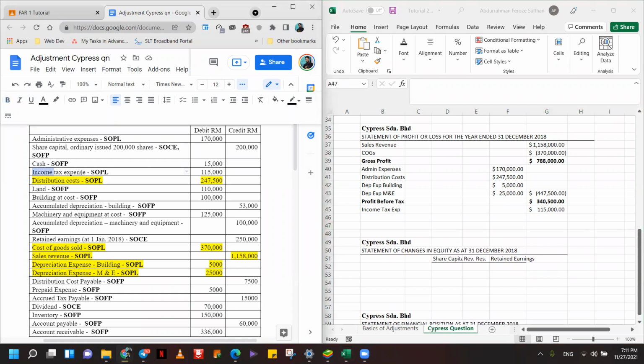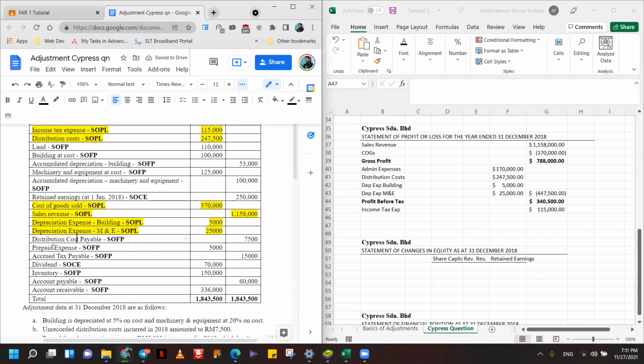Okay. Is there anything remaining from the trial balance that needs to go into the SOPL? No more. Okay, just to make sure.